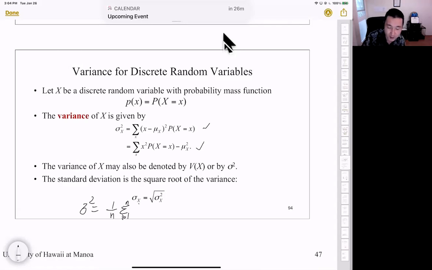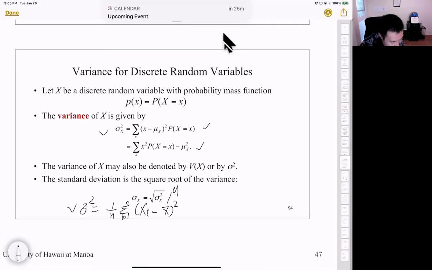The format of the variance is very similar to this: it's just (x minus mu) squared times P(X = x).